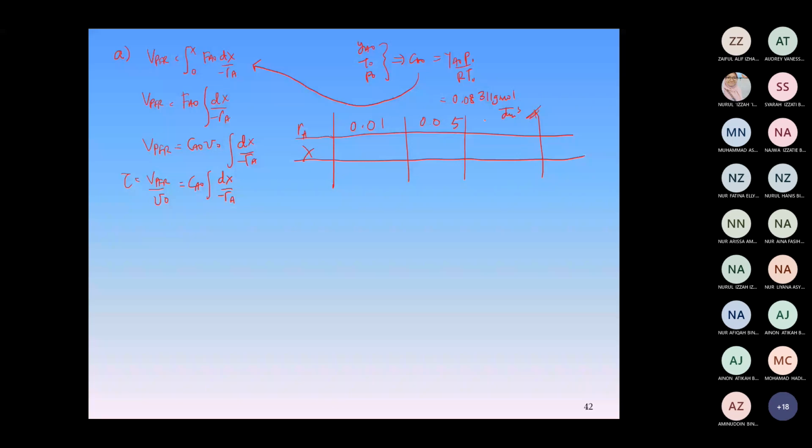X here is 0, then 0.2, then 0.4 and then 0.6. This one is in terms of 10 to the power of 3.